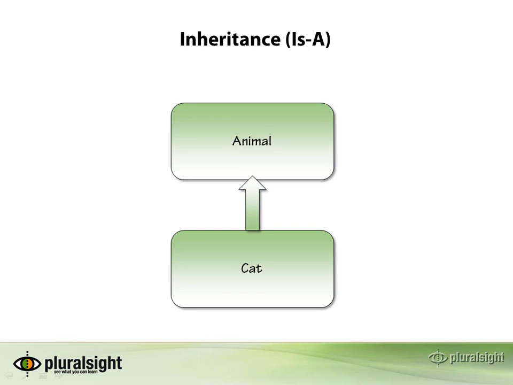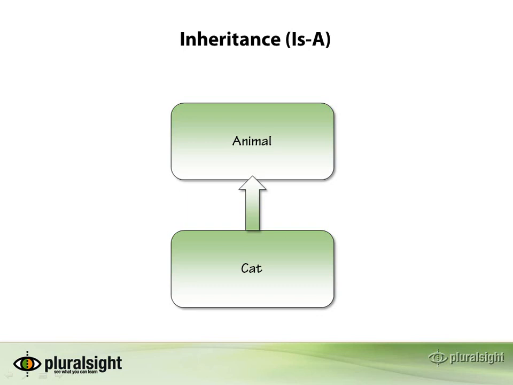For example, animals eat, most animals sleep, and they reproduce. All of this functionality you could build into an animal class. And then if you had a cat class, you wouldn't want to have to repeat all that. You would want to be able to say a cat is an animal, but here's what it does differently, and so I'm going to specialize it.